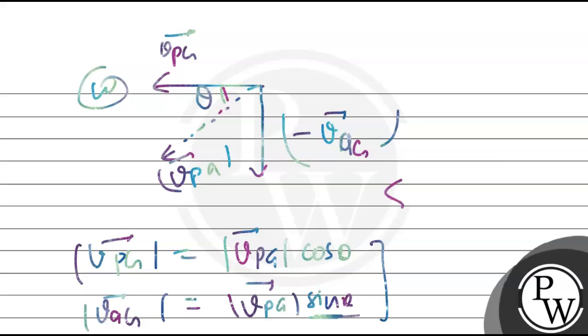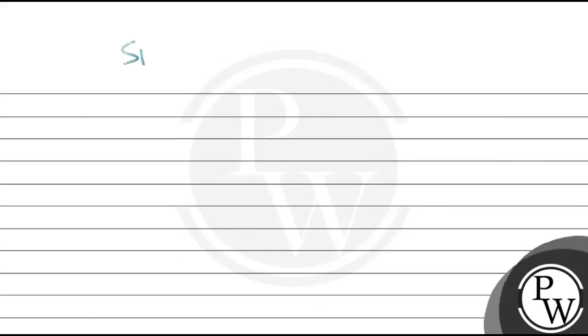Sin theta is equal to the magnitude of velocity of air with respect to the ground upon the magnitude of velocity of plane with respect to the air. Now let us put these values. We know sin theta is equal to 38 upon 245.